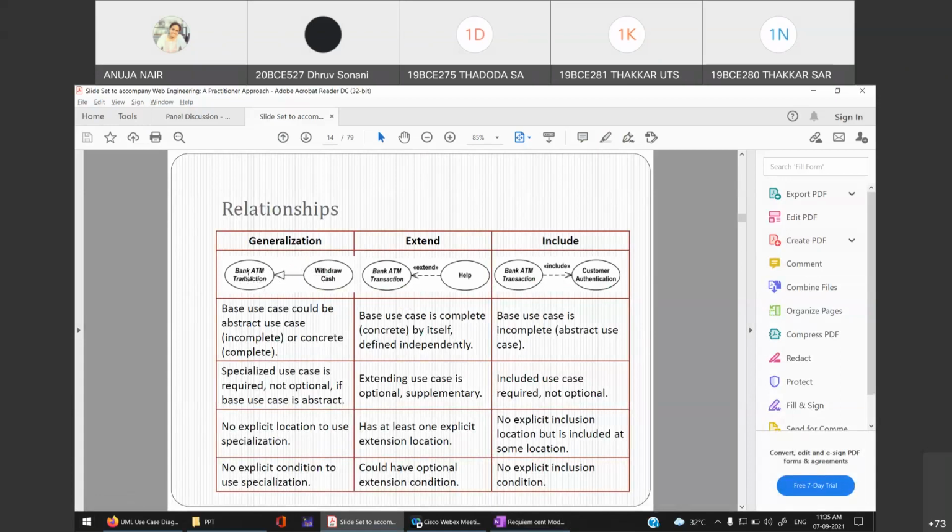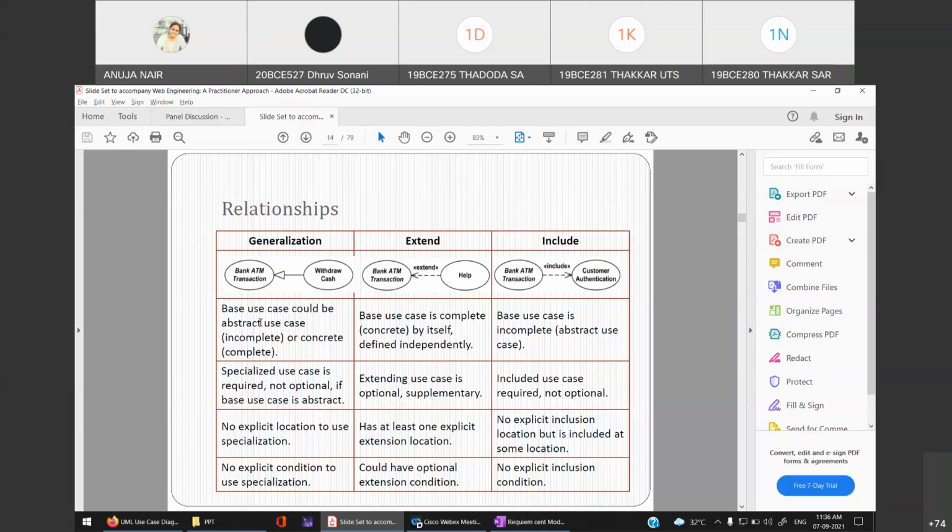If I'm doing a transaction, withdraw cash, changing the PIN, checking the balance, all these are transactions. So either you can represent it as a transaction, or you can represent PIN and check balance separately. It is up to you. But withdrawing cash is one of the transactions, so it is a type of that transaction.